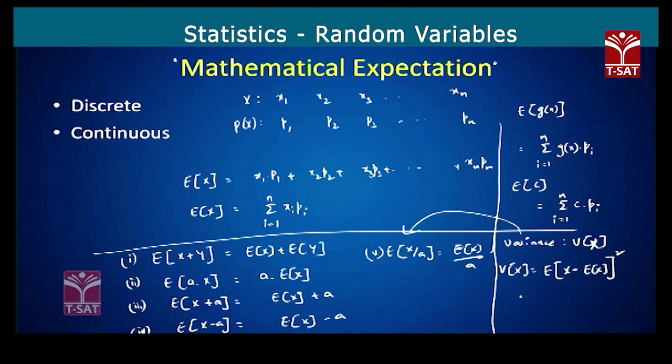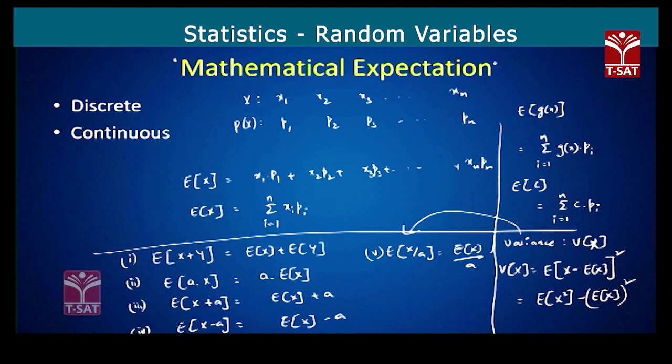The same thing we can write as expectation of X square minus expectation of X, whole square. Both are equal. When you expand this, you will get the below equation. So this is a very important relation. Variance of X is equal to expectation of X minus expectation of X whole square, or we can write the same as expectation of X square minus expectation of X whole square.